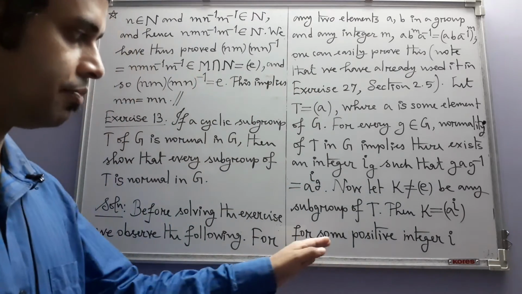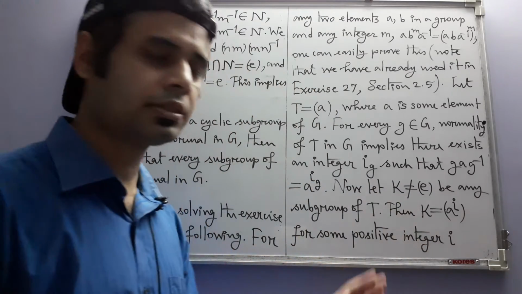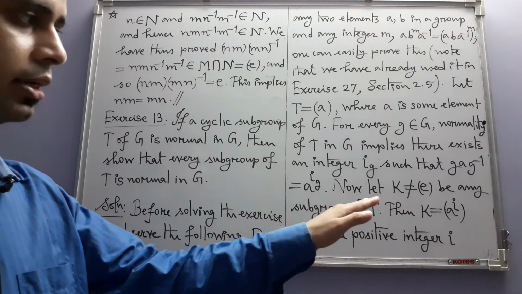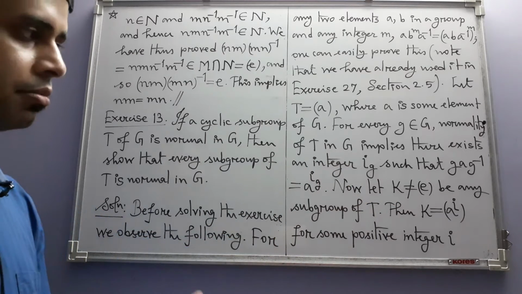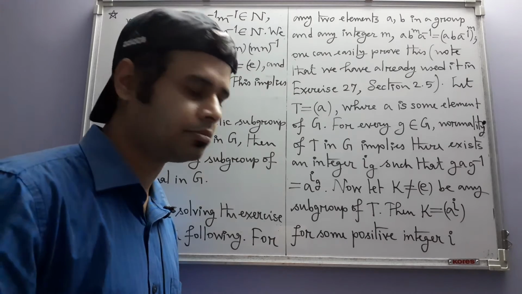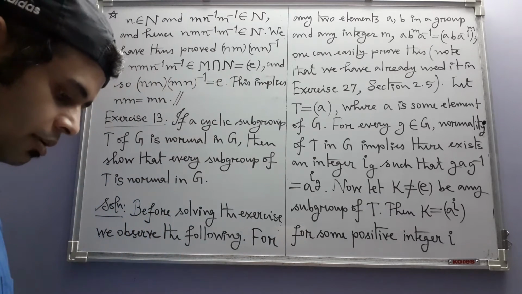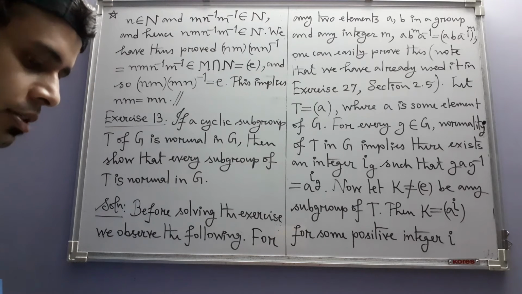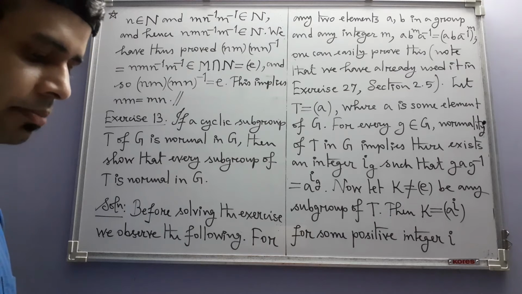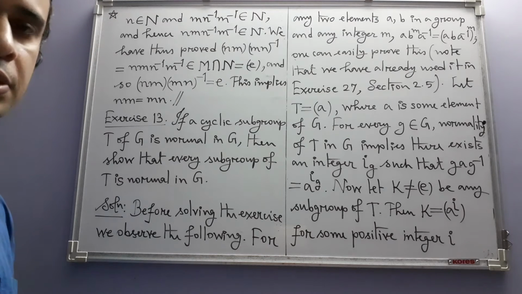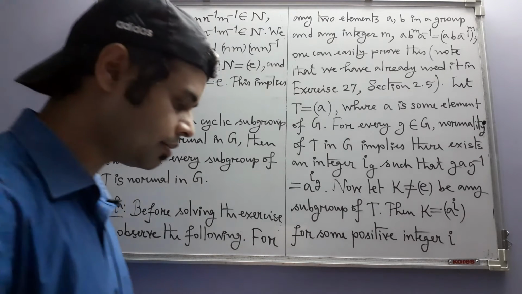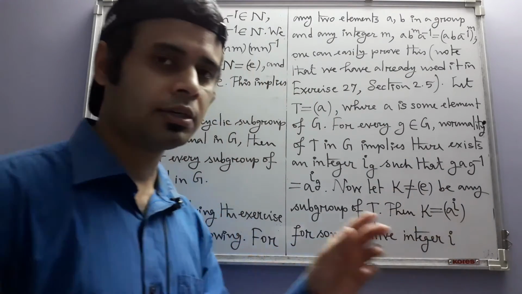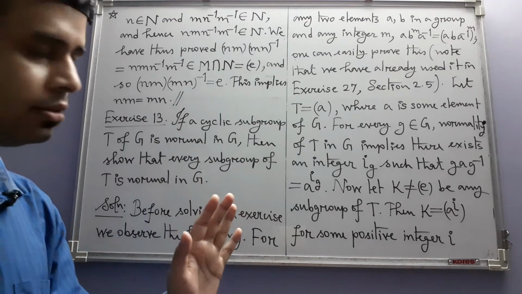We are saying that because K is a subgroup of T, K itself is a cyclic subgroup generated by one such element. But how are we making that claim? This is a consequence of exercise 27 of section 2.5, where we proved that every subgroup of a cyclic group is itself cyclic, and so that means K will be generated by some element in T.